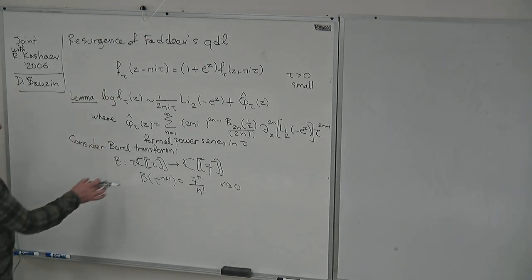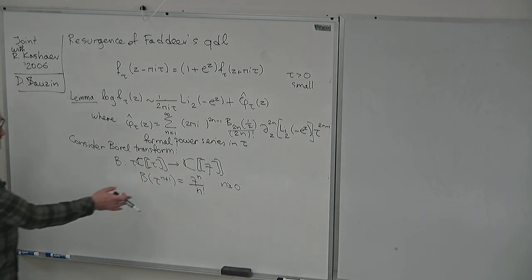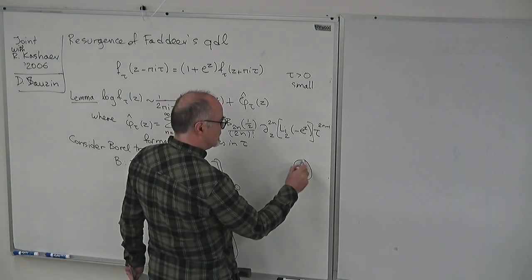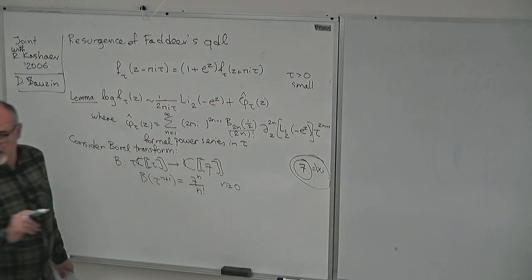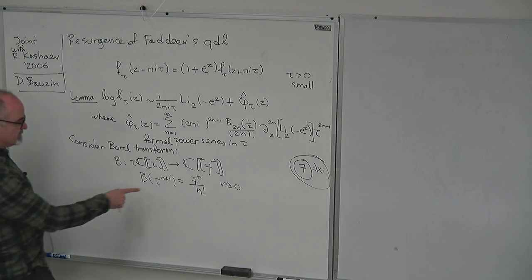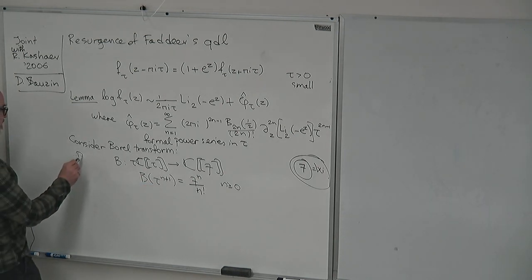So it takes positive powers of tau and replaces them by another variable divided by n factorial. Sorry about this xi, it's the Greek letter xi. That's the definition of the Borel transform.